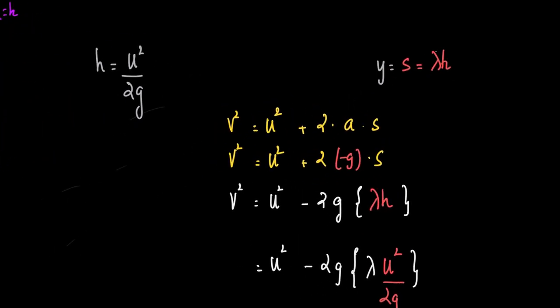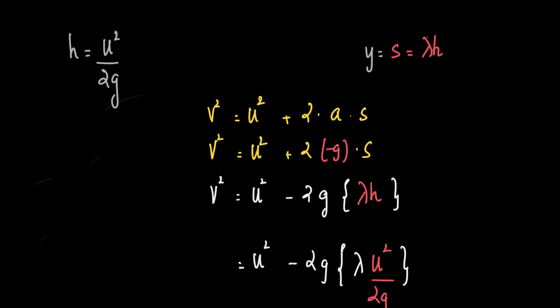Now we have already derived that the maximum height h is equal to u square by 2g, and that the vertical displacement s is assumed here to be a multiple of lambda times h.